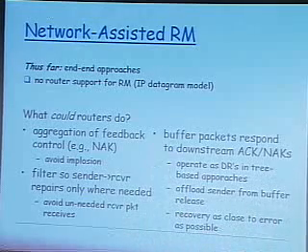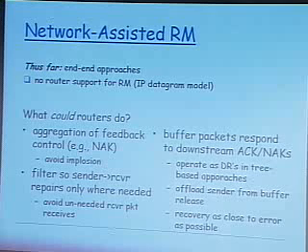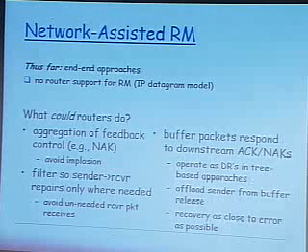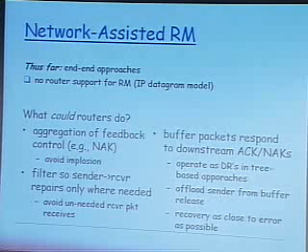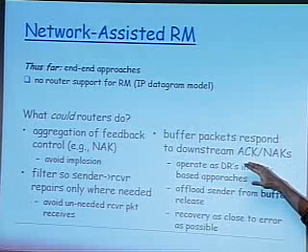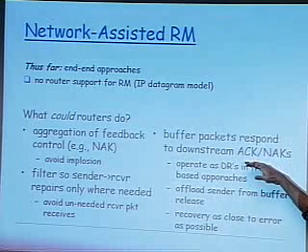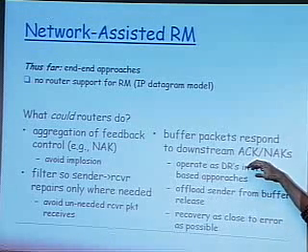So what we saw so far, everything was being done by the end hosts which are connected to the router. Routers can themselves help by aggregating these control messages and also by doing pruning of the repair messages. Routers can buffer these packets that are needed to respond to these ACKs or NACKs.